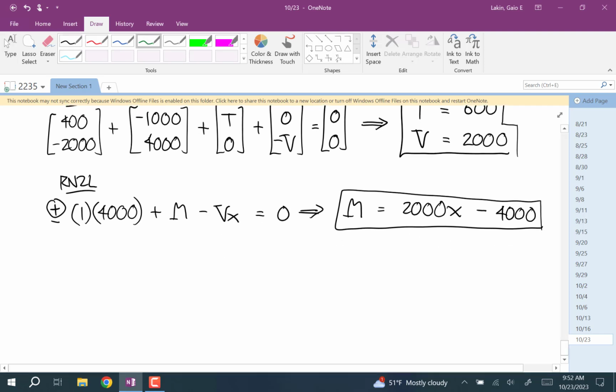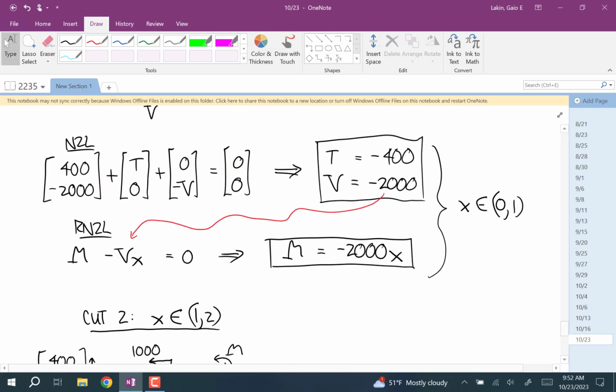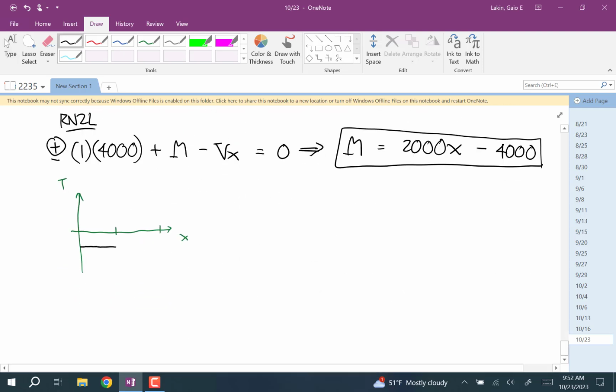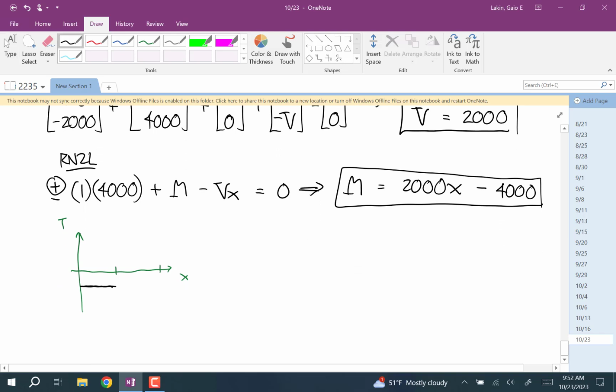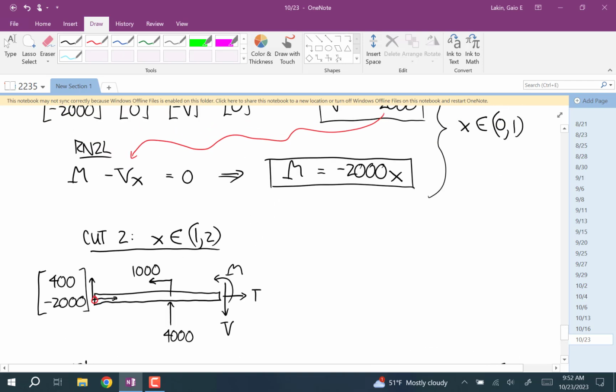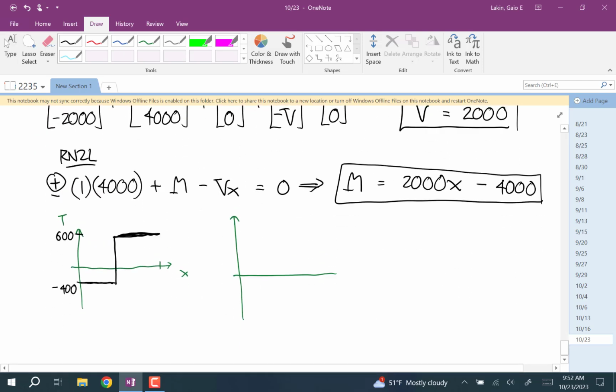And so if you draw these diagrams again, for the internal tension, you go minus 400, positive 600. For the shear force, you go negative 2,000, positive 2,000.